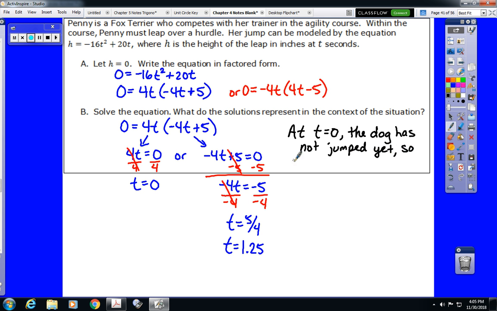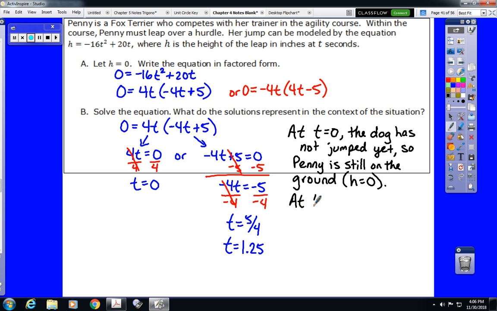So, Penny is still on the ground. The ground, of course, being h equals 0.